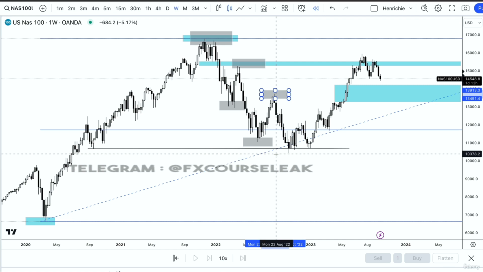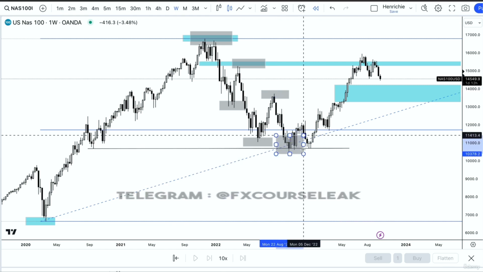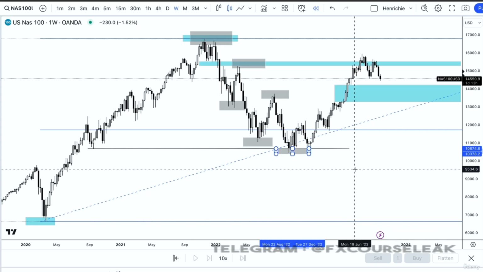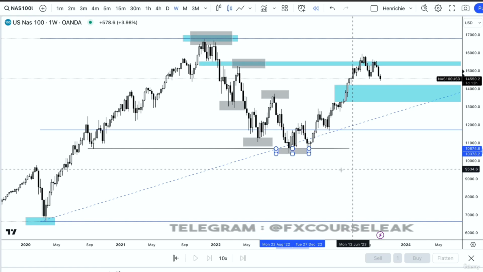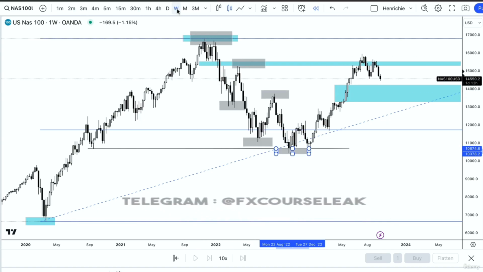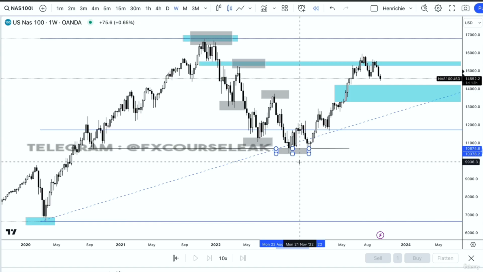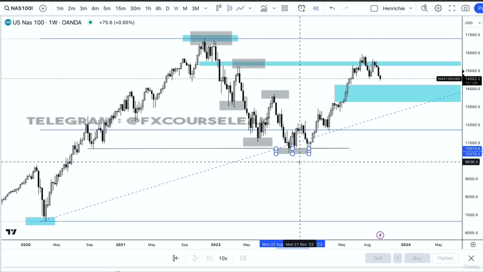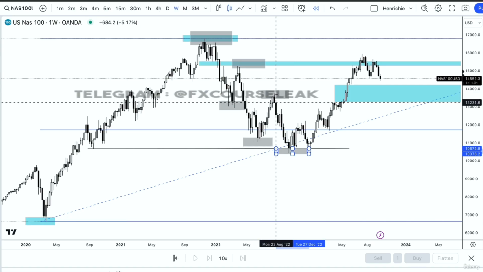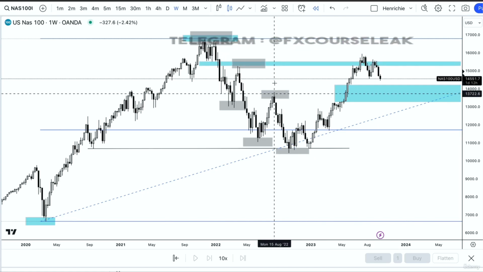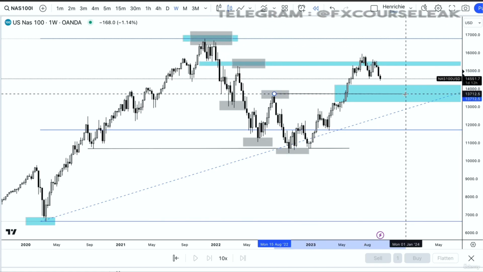Remember, overall on the monthly, we were bullish. We were bullish overall on the monthly. Now, on the weekly, price was trending to the downside, making these lower highs and these lower lows. And then suddenly, we saw this.